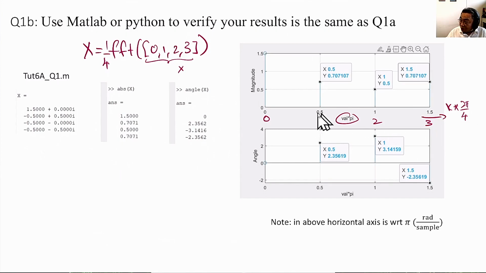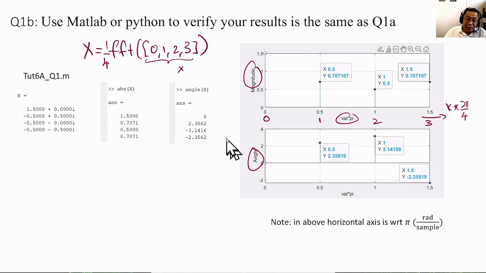Typically you are going to say this value is C0, C1, C2, C3, and this is the magnitude value, and this is the angle. The first value is 1.5, second is 0.7071, third is 0.5, and the fourth is 0.7071. So these are the 4 magnitudes C0 to C3.